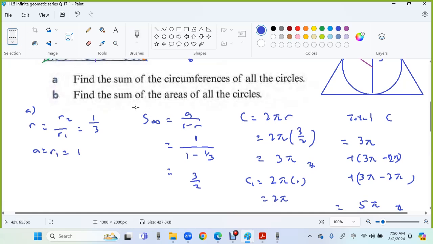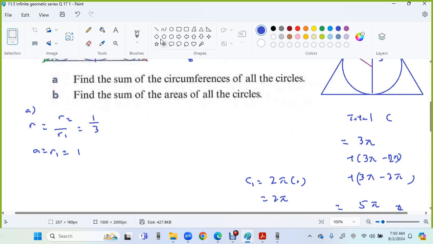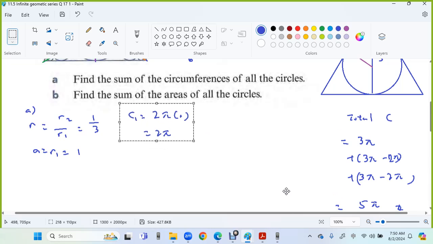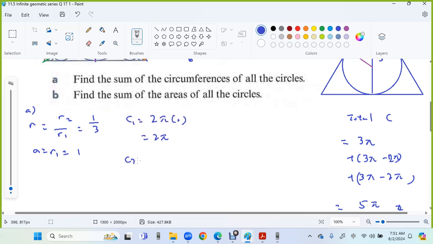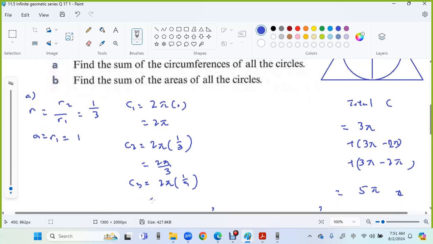Or I can do it this way, using circumferences. The first circumference is 2 pi times 1. Then the second is 2 pi times 1 over 3, which is 2 pi over 3. And the third one is 2 pi times 1 over 9, which is 2 pi over 9.